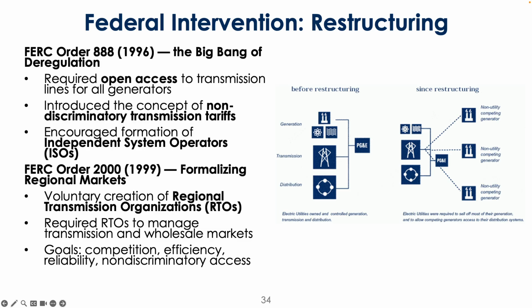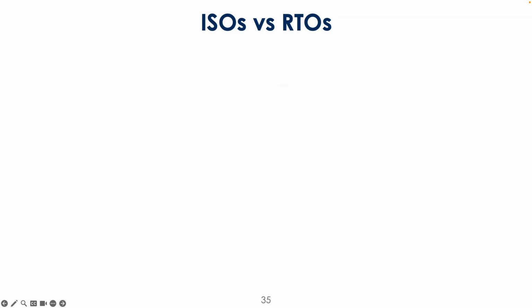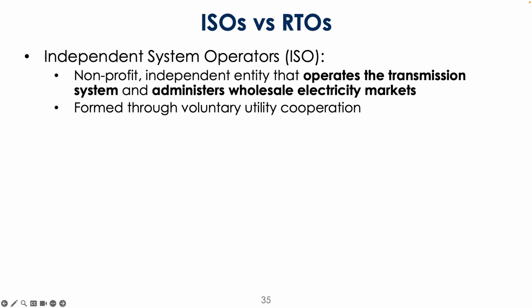Okay, I haven't talked about RTOs, so it's similar to an ISO, but let's talk about the differences. So an independent system operator is a nonprofit, independent entity, right? A lot of people think an ISO is a government agency, but it's actually just an independent entity that operates the transmission system and administers our wholesale market.